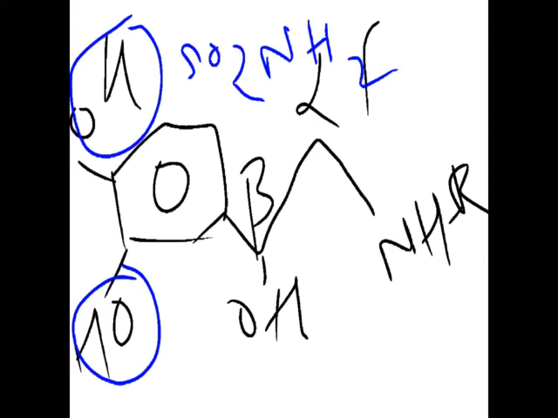Or the second thing we can do is to replace only one hydroxy group and remove the other hydroxy group. So that can be a second possibility to form an antagonist. Okay, so either we replace one of the hydroxy groups with SO2NH2 and CH2OH, or we remove one of the hydroxy groups, so it becomes the antagonist. That is the first part.